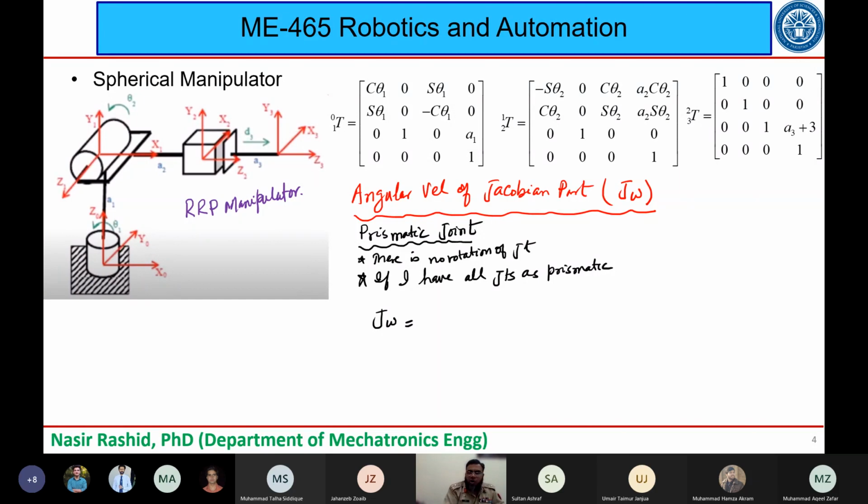So if I have all joints prismatic, that is, I have 3 prismatic joints, so the JW is going to be all zeros.